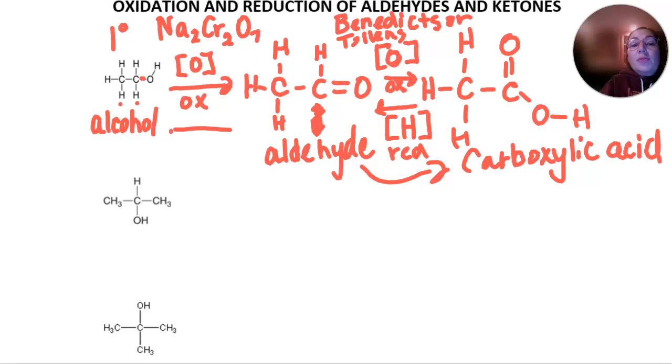But we can go backwards from our aldehyde back to our primary alcohol with a reducing agent, like H in brackets to reduce that. So we were saying that aldehydes and carboxylic acids can undergo reduction.